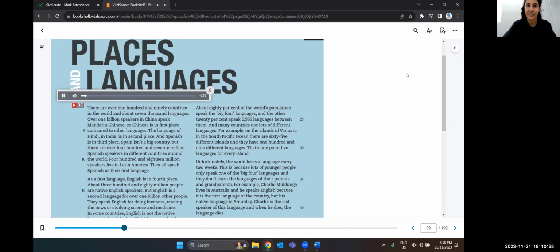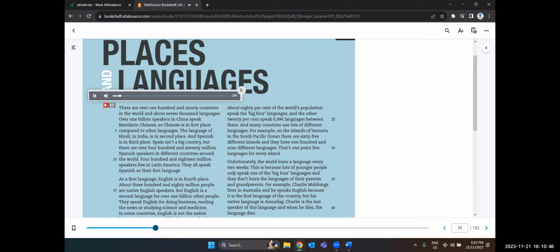Places and languages. There are over 100 countries in the world and about 7,000 languages. Over 1 billion speakers in China speak Mandarin Chinese. So Chinese is in first place compared to other languages.